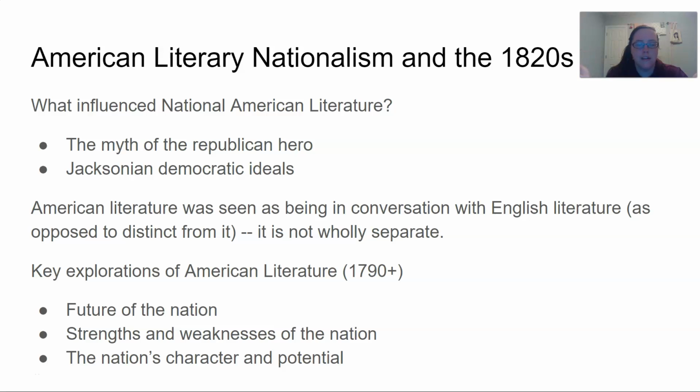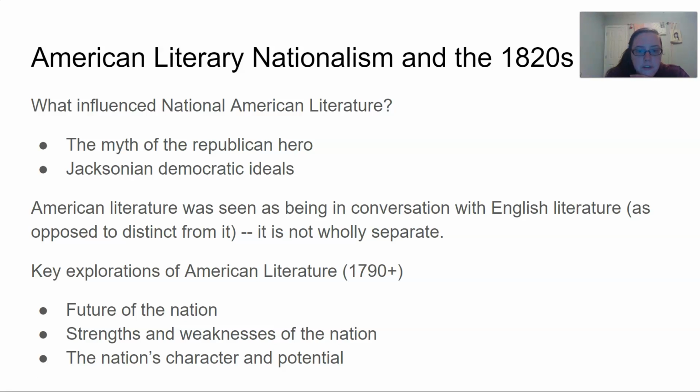In fact, later on we'll talk about this again, but some of our authors are reading lit from South America. And so while this literature is being used to form American nationalism, it's also grabbing influences from all over the world.